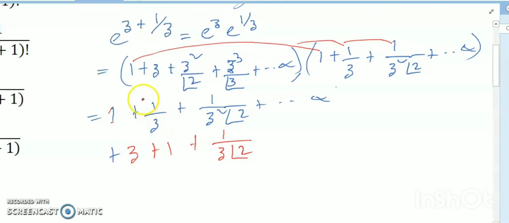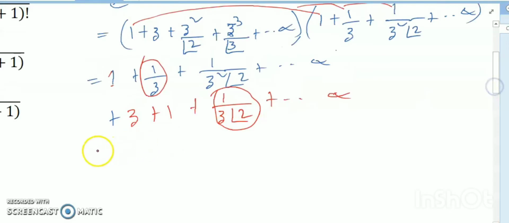So friends, my interest is this value and this value. So the z term I don't need. Again I multiply with z square, so it is z square by 2 factorial, plus 1 by z when multiplied is z divided by 2 factorial. Okay, z square by 2 factorial and z divided by 2 factorial.